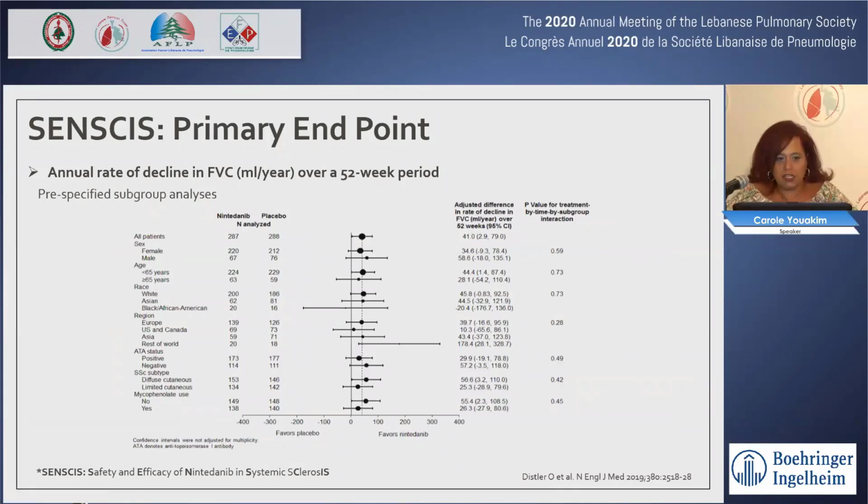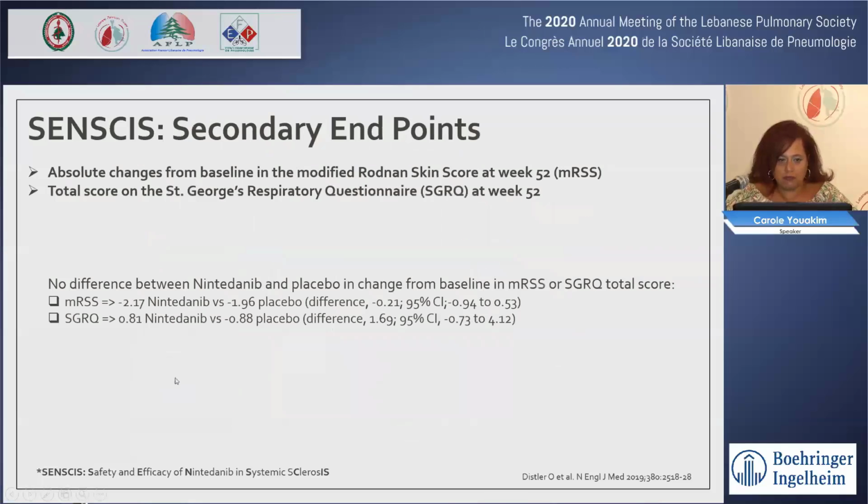The reduction in the annual rate of decline in FVC seen with nintedanib was similar in all pre-specified subgroup analyses. That is, similar in patients whether they had diffuse cutaneous systemic sclerosis or limited cutaneous systemic sclerosis. In patients taking or not mycophenolate, same results.